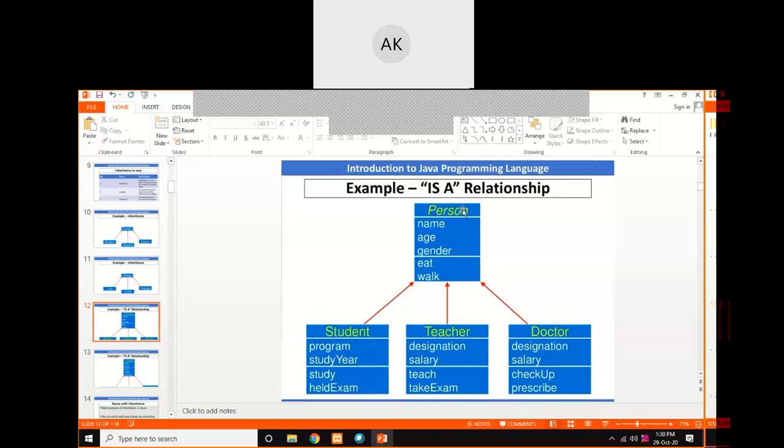The upper part represents the name of the class, that is, which class you are supposed to design. The second block of that box represents the data members of that class, and the third field of that box represents the member functions.